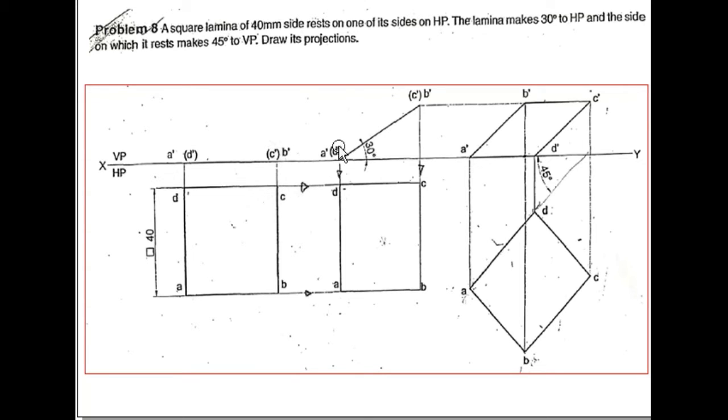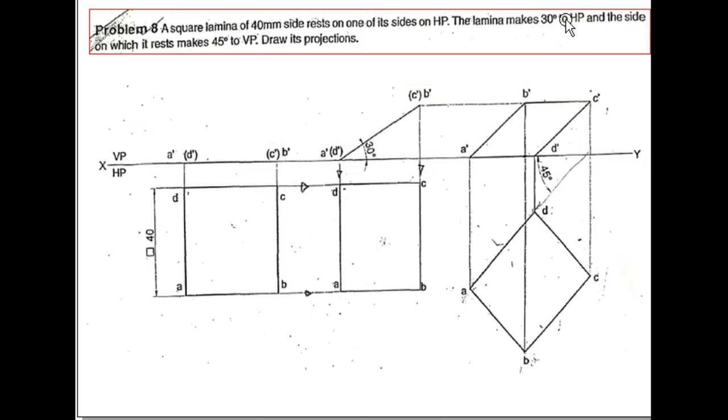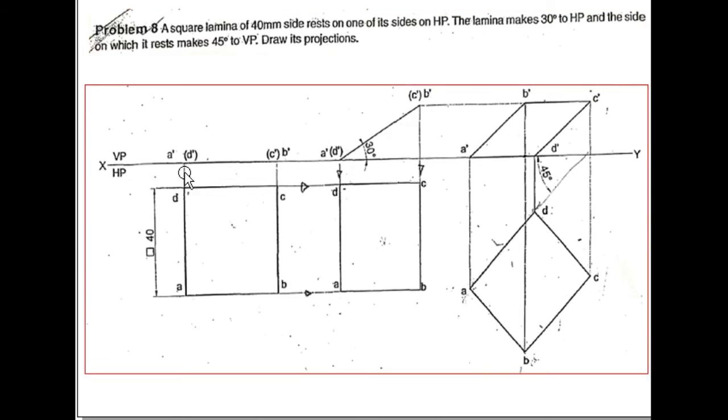So next position is the lamina makes 30° to HP, means surface inclination with respect to HP is 30 degrees. So the same line is tilted at an angle of 30 degrees and the naming is the same as whatever we have written here. Next, the projection of lines is drawn downward.